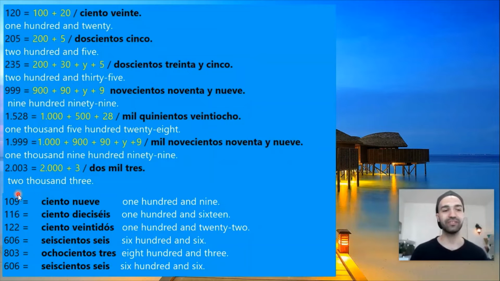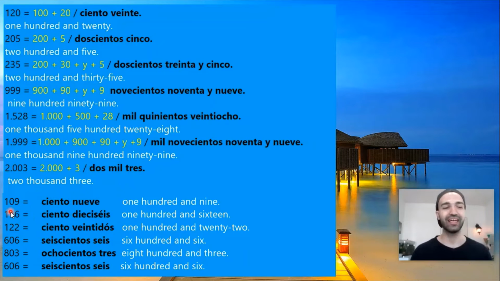Now, how can we say 2003? 2000 is 2000, 3 is 3, so it will become 2003. Very easy. Now, as we already know how to count, let's try to read these numbers directly in Spanish.